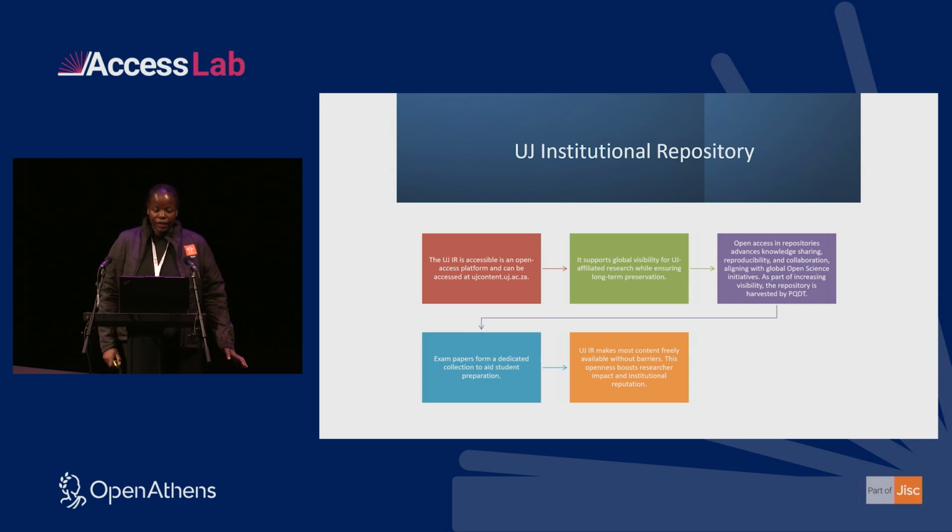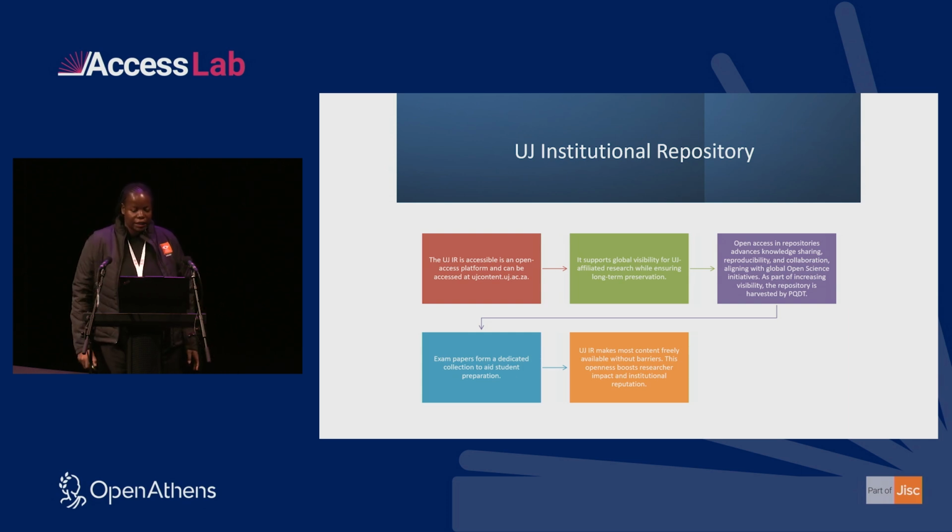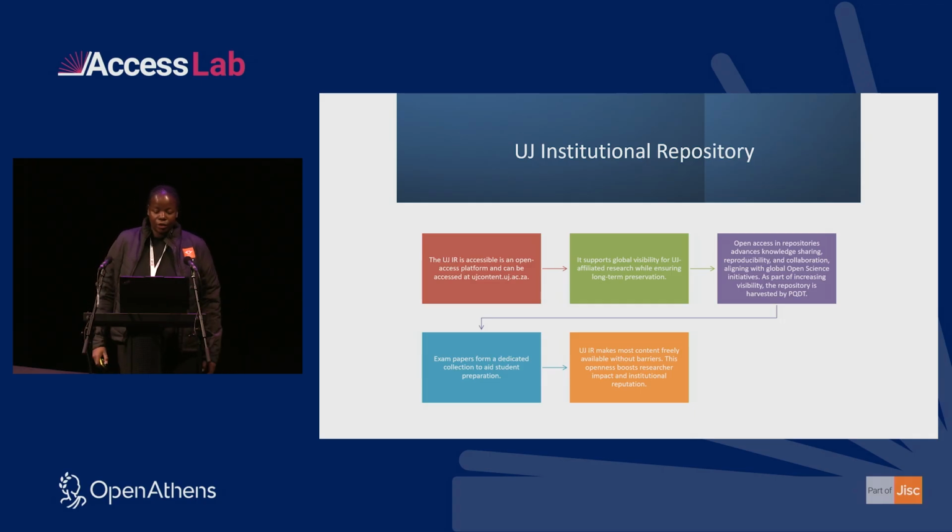It supports visibility of all the UJ-affiliated research as mentioned, and it's an open access repository, meaning that all the research outputs are accessible by anyone around the globe, to enhance collaboration and knowledge sharing. As part of visibility, we are also harvested by PQDT, Google Scholar, Google and other harvesting platforms.